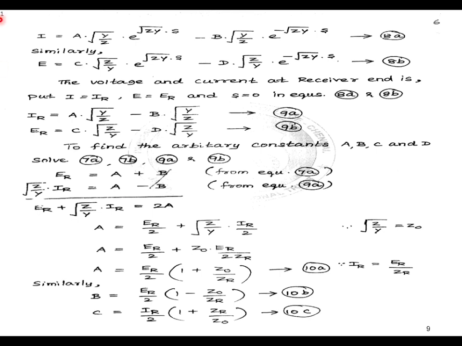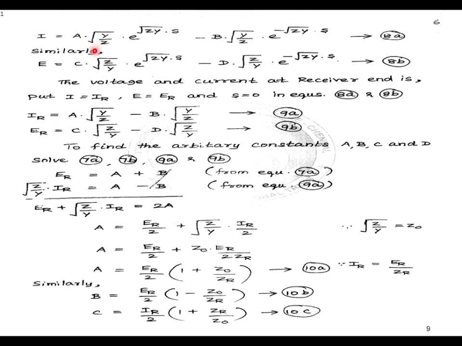Similarly, already we know dE divided by ds is IZ. So instead of this, you can write IZ. So A into root of ZY e power root of ZY S minus B into root of ZY into e power minus root of ZY S. We want only the current I, so Z comes here: A into root of YZ divided by Z. Here Z we can write as root of Z into root of Z, that root of Z gets cancelled.